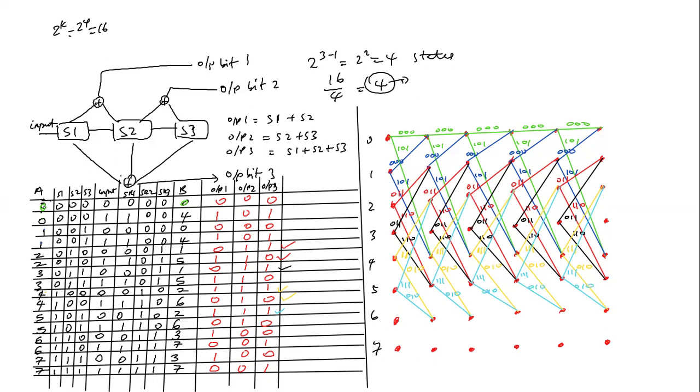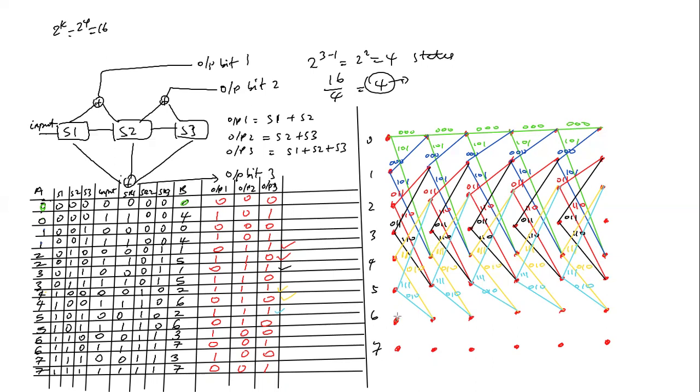Then we now move on to 6 to 3 and 6 to 7. From 6, oh, that's straight line.